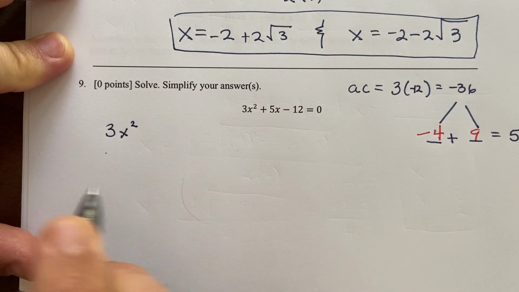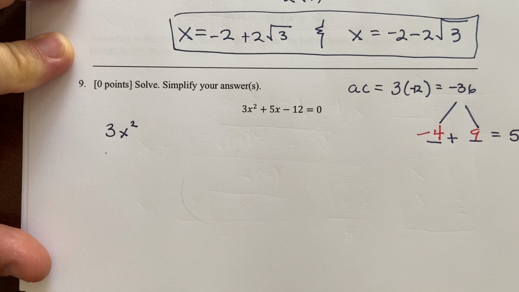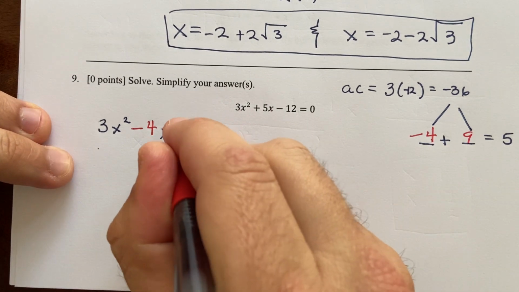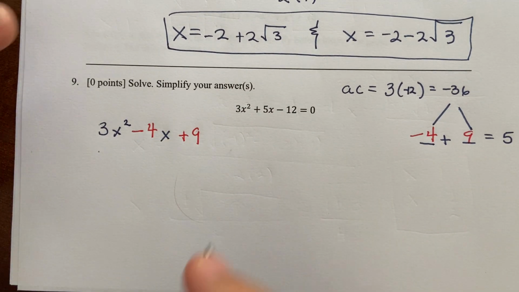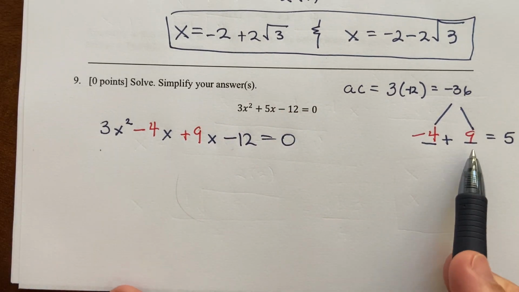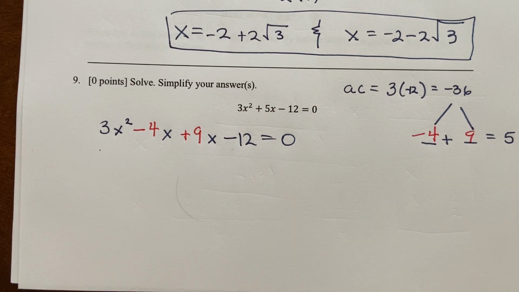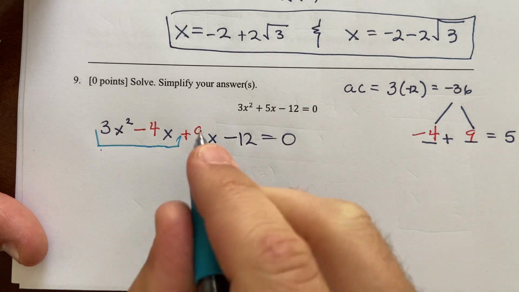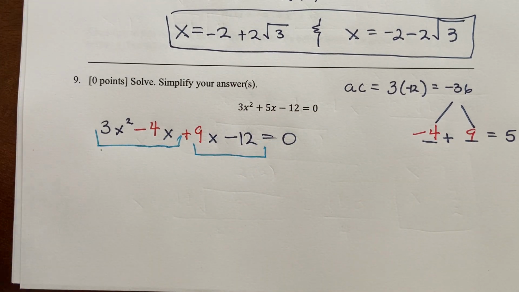So we still have 3x squared, and now I'll have minus 4x plus 9x minus 12 equals 0. We bring those numbers over as coefficients, and now we factor by grouping. I'll factor this group, and I'll factor this group.